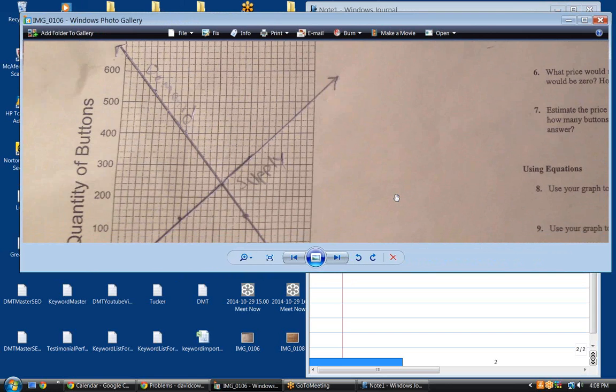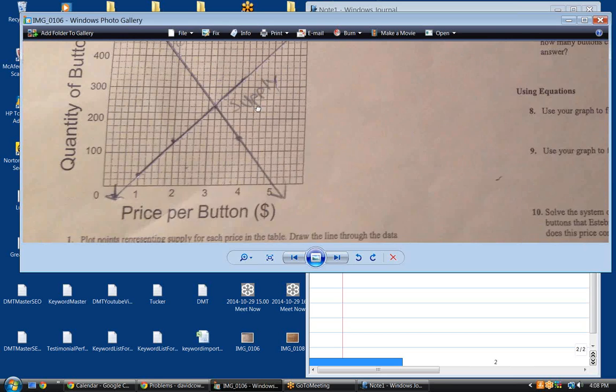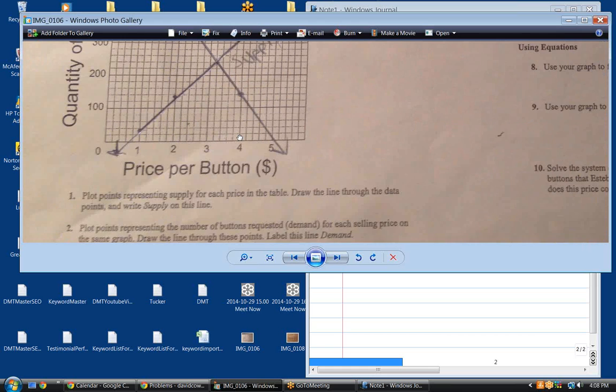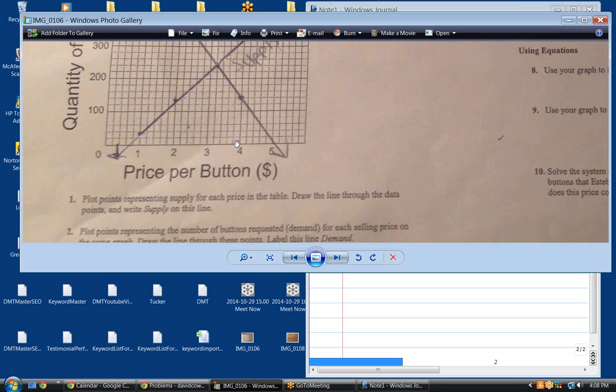Notice that if we were looking at the demand equation, which we will in a second, b is the y-intercept. So we can read it off the demand equation. But for the supply equation, the y-intercept looks like it's going to be in negative territory. Now, you can do this a couple of ways. You could extend the line all the way so that it crosses the y-axis.